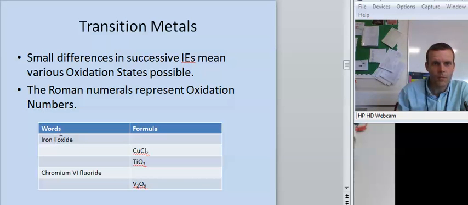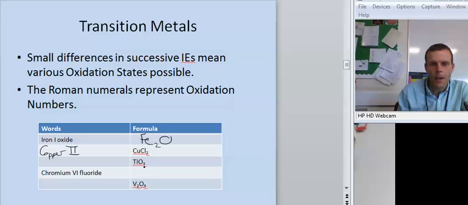So the I, like that, means that we're dealing with an oxidation state of +1. So the formula, if it's Fe+, I would need 2 of them to go with my O2-. Something like CuCl2, and there's 2 Cl minuses there. That must be the copper(II) I'm dealing with, copper(II) chloride.